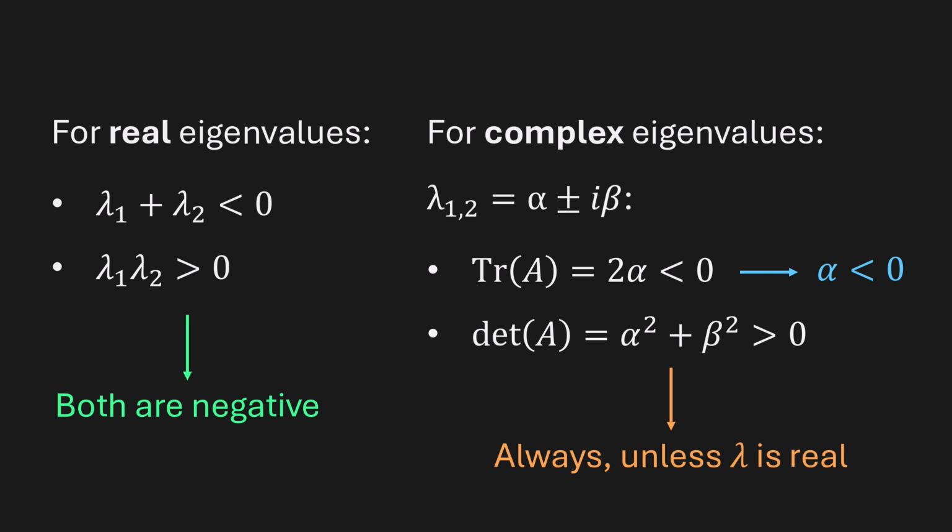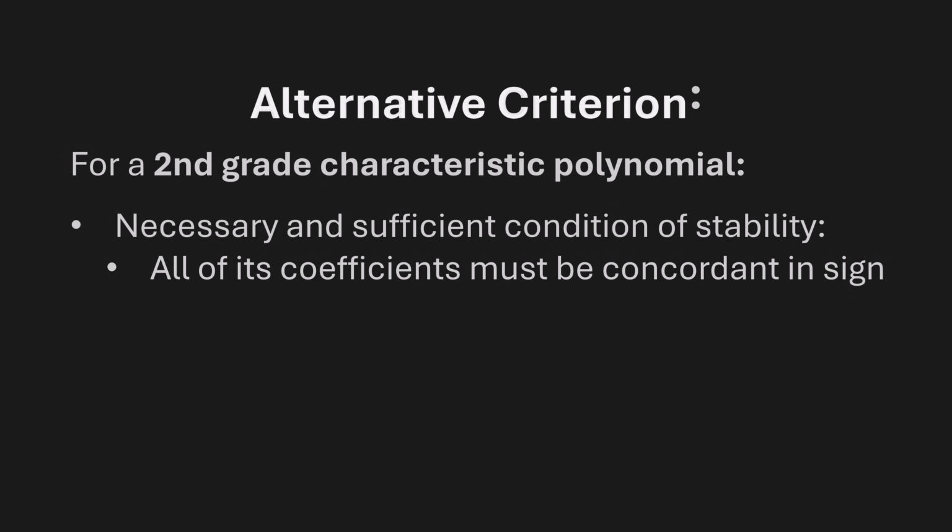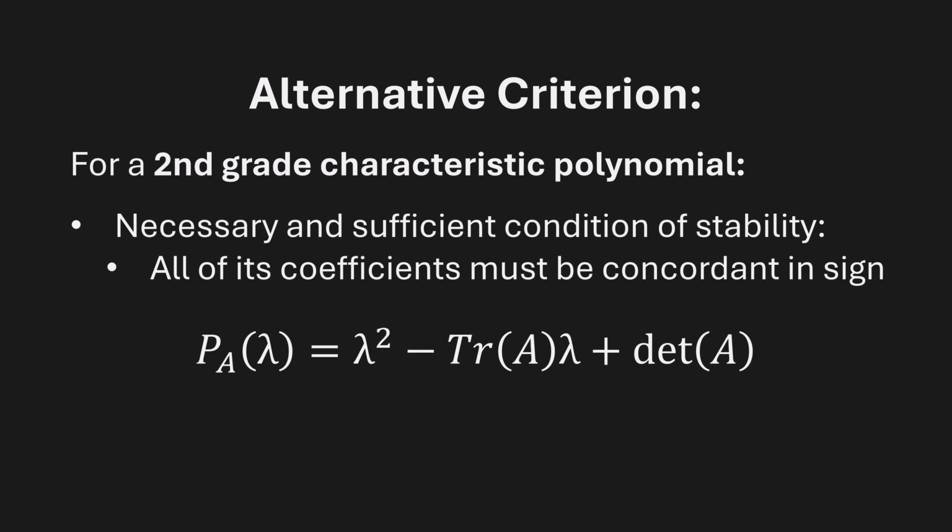For complex eigenvalues, where lambda 1,2 is alpha plus or minus i beta, we know the determinant is always greater than 0 unless lambda is real, and the trace is negative if alpha is less than 0. Then we get that for a second-grade characteristic polynomial, a necessary and sufficient condition of stability is that all of its coefficients must be concordant in sign.